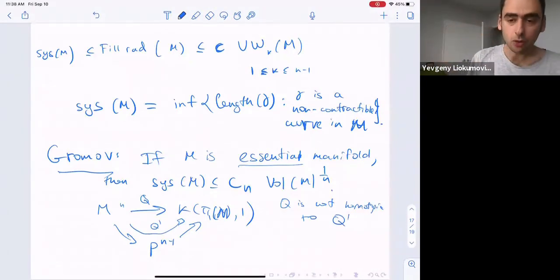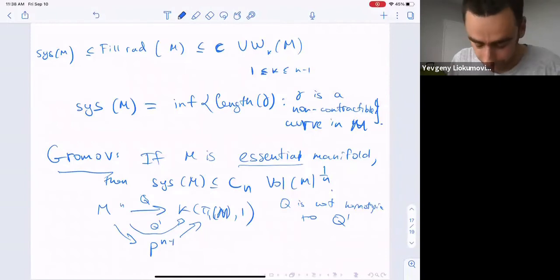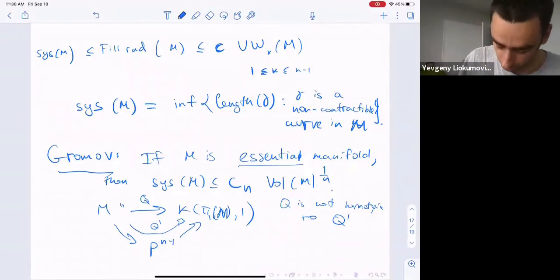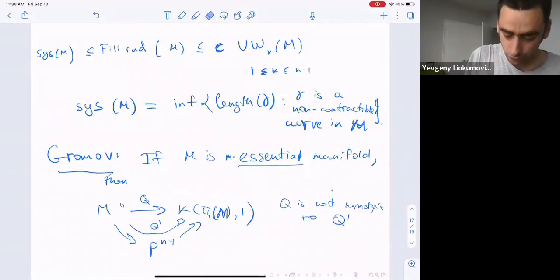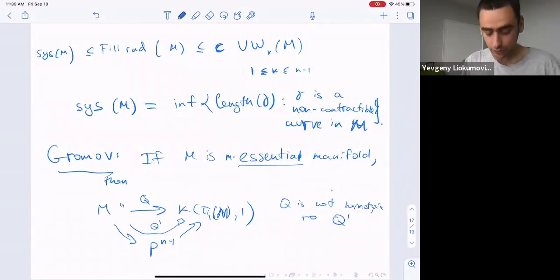And so from our Hausdorff content result, what one can do is modify this definition and define something called m-essential, where now, instead of an (n-1)-dimensional complex, you look at an (m-1)-dimensional polyhedral complex.